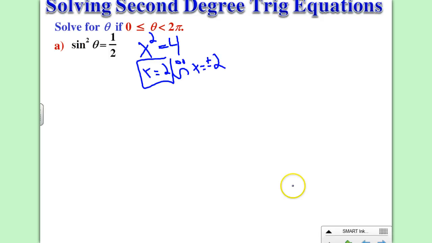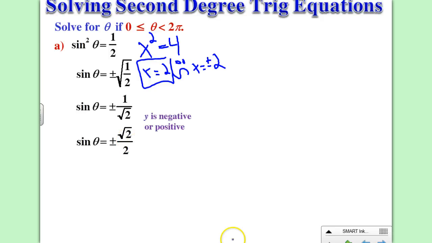So in this case, we got sine squared equals a half. That means that sine equals plus or minus the square root of a half. So sine theta equals plus or minus 1 over root 2.